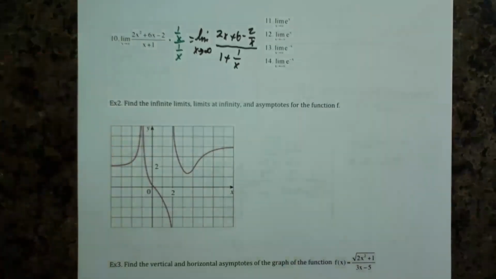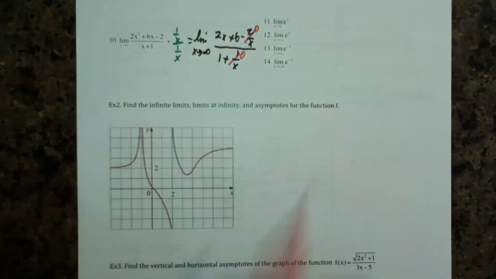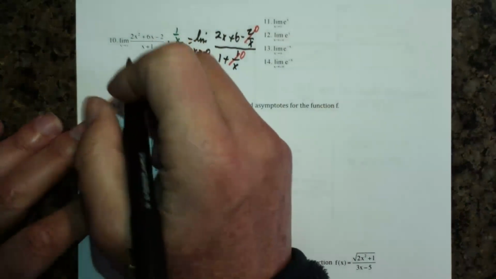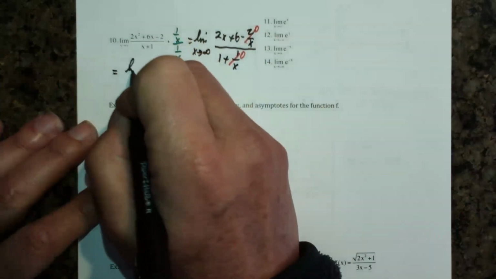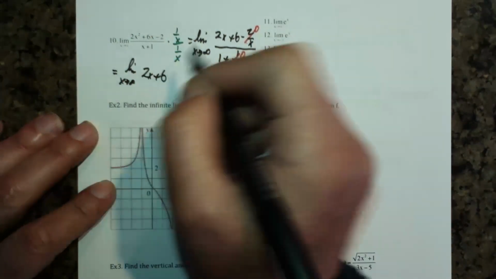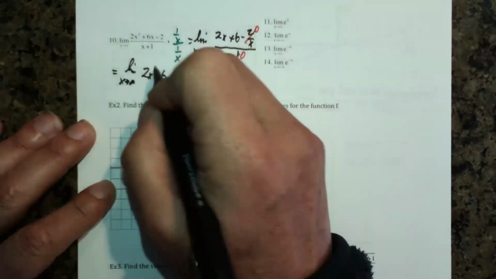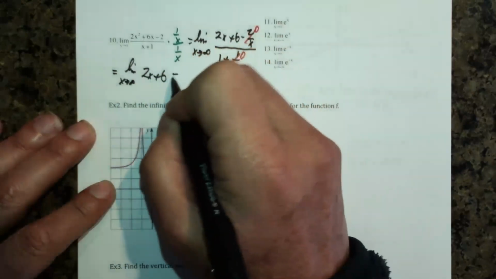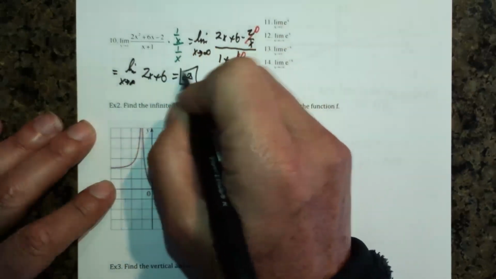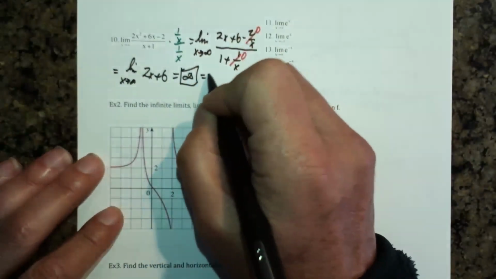Now, although these are both going to 0, up top I still end up with 2x, the limit as x approaches infinity of 2x plus 6. And technically, I don't need that anymore. Just as long as we know that x goes to infinity, this whole thing goes to infinity. Once again, which means that the limit does not exist.